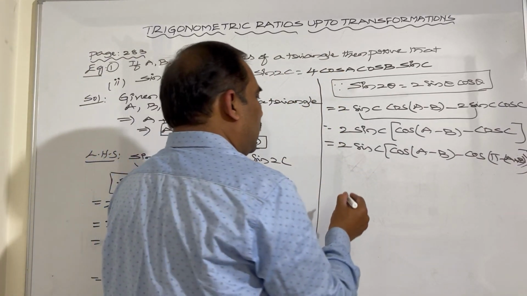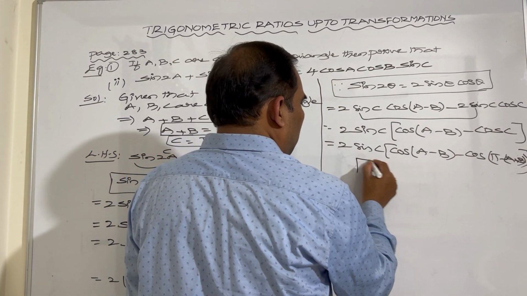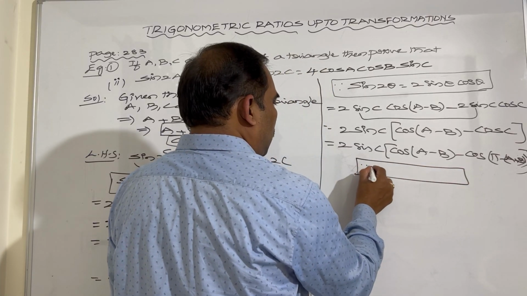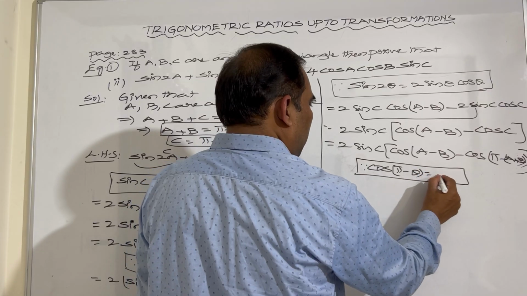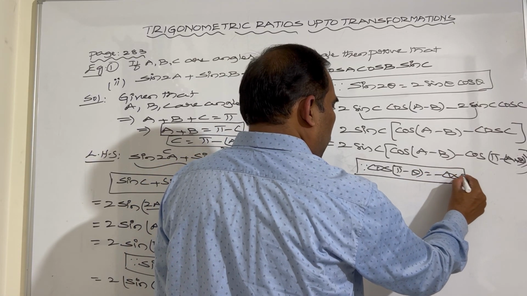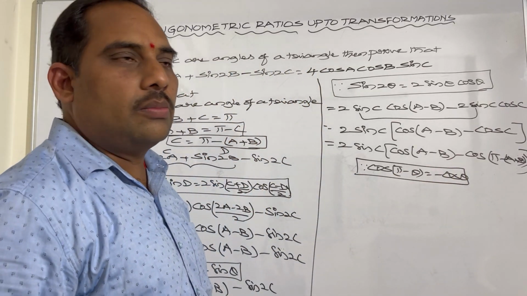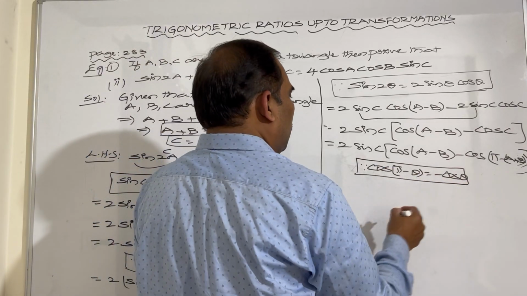Now we have the property that cos of (180 minus theta) also belongs to the second quadrant, and in the second quadrant cos is negative. So cos of (180 minus theta) is minus cos theta.